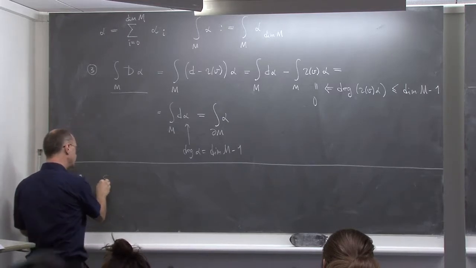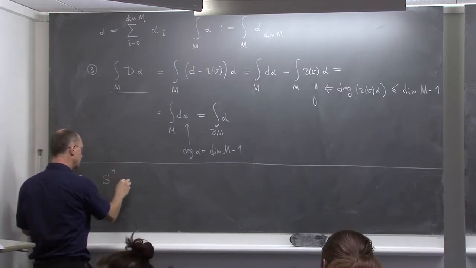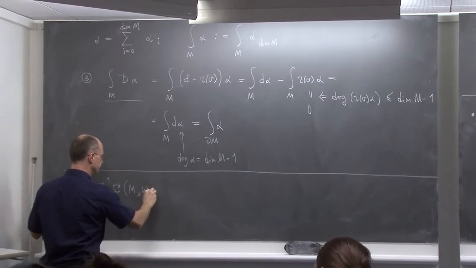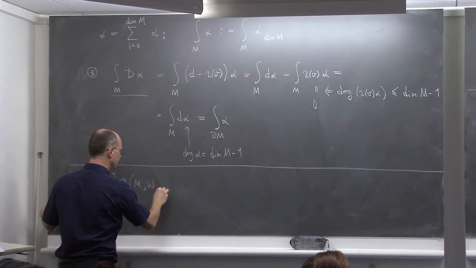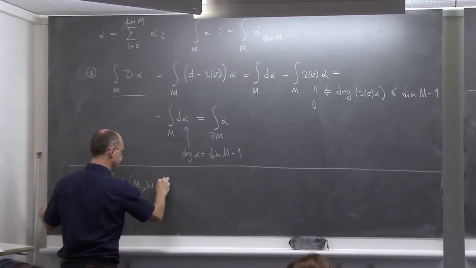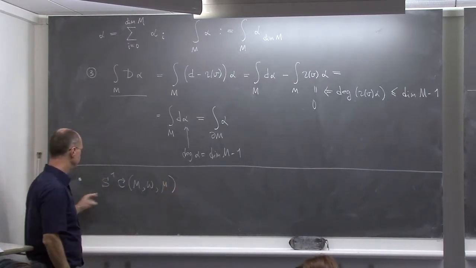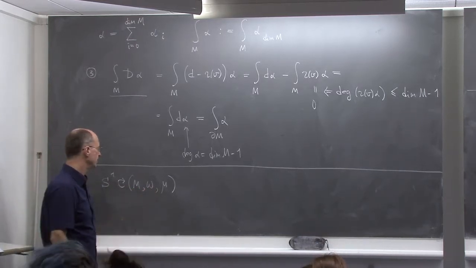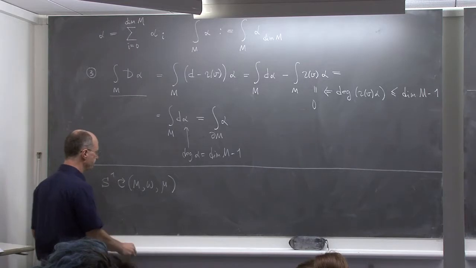Now let's say we have an S1 Hamiltonian space. Right? So we have a circle acting on M with the two-form omega and with a moment map mu.